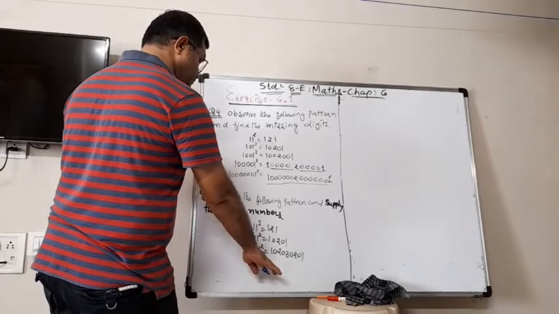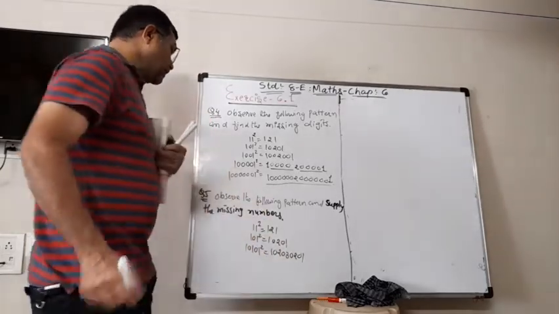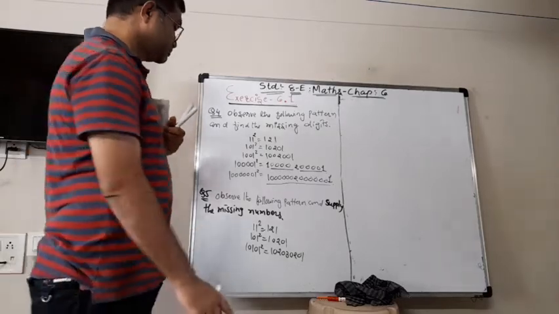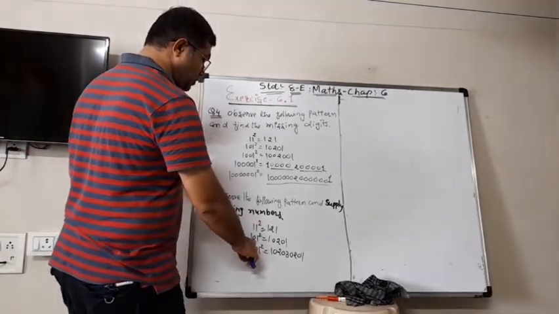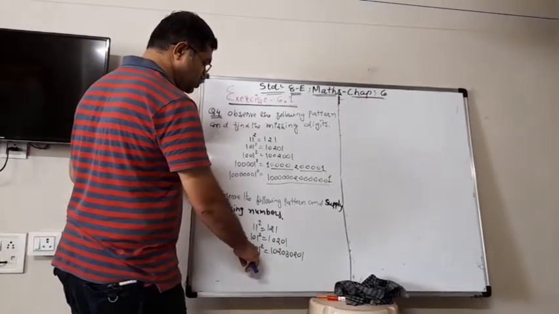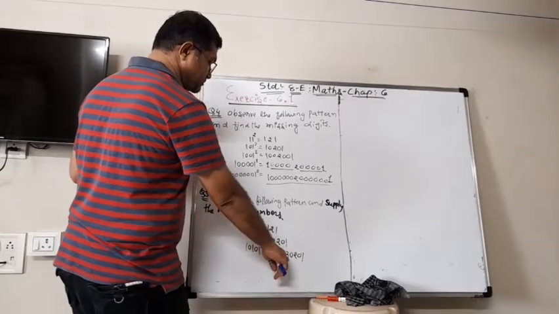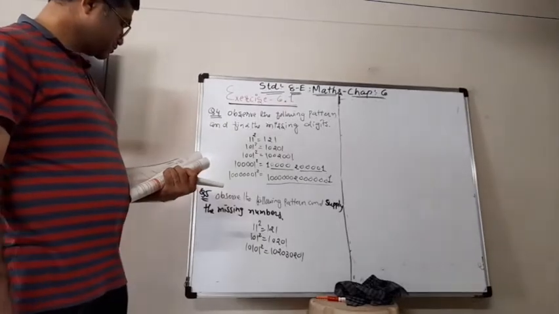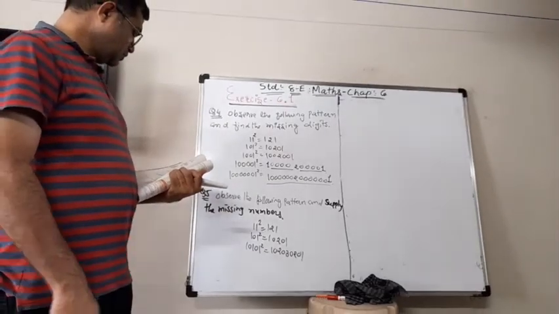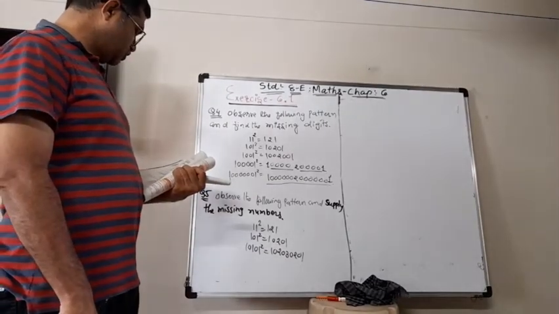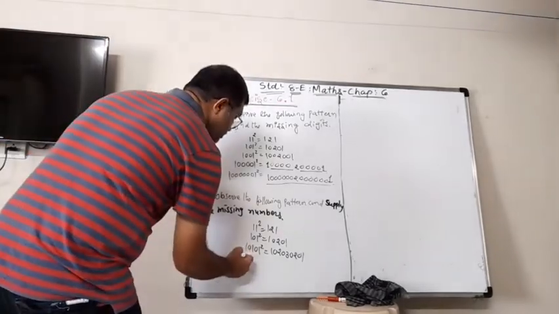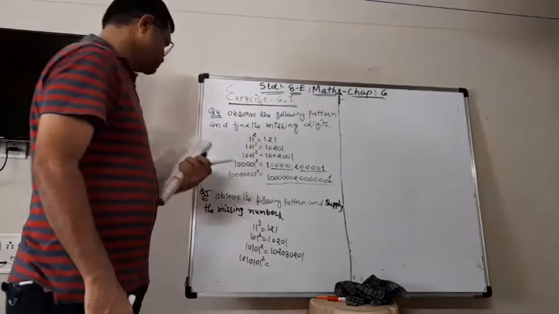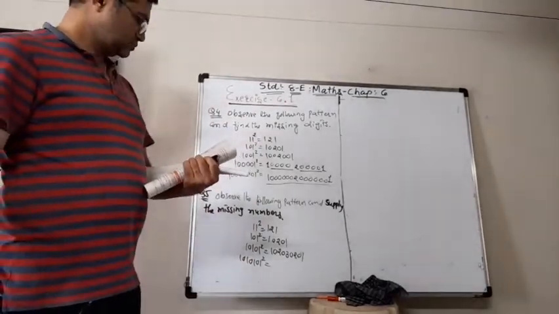So 101 gives 10201. Just check the zeros. If there is 1 zero, then we have to go up to 2. If there are 2 zeros, we have to go up to 3. It means one more digit we have to go. Then we have to find 1010101.